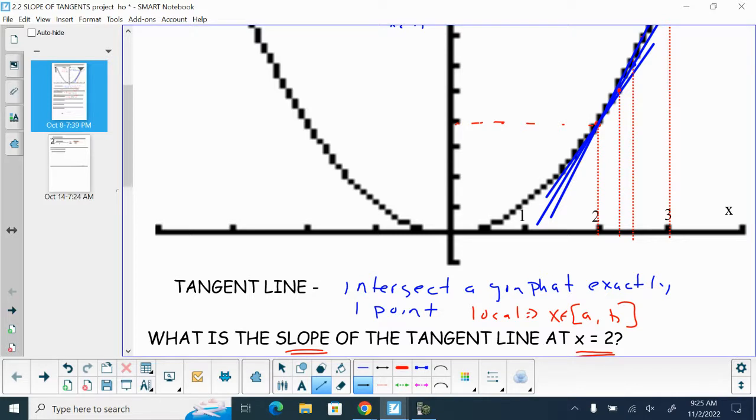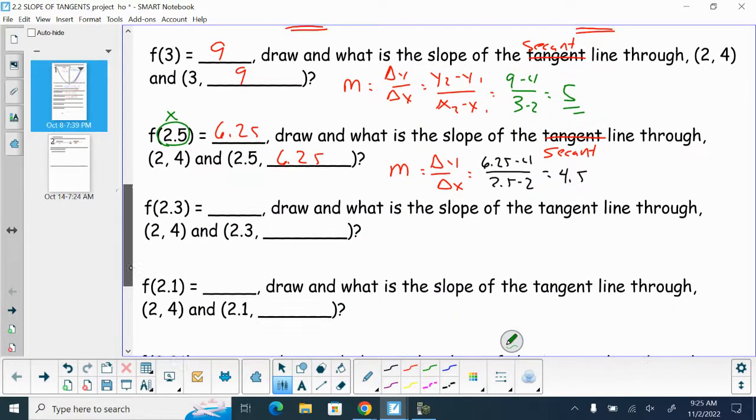Change the color. And we get another line that we could throw in there. And we want to determine the slope of this new line we drew in there.